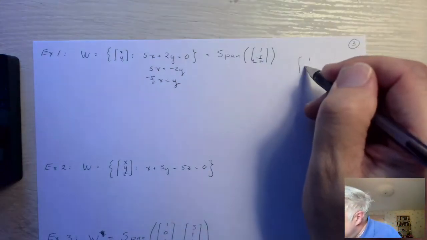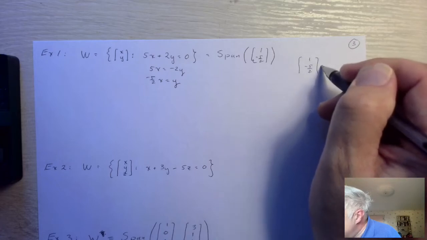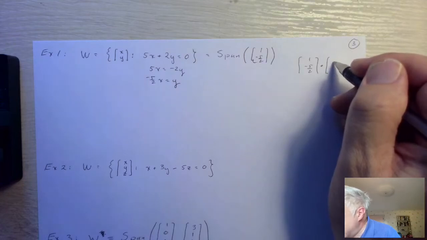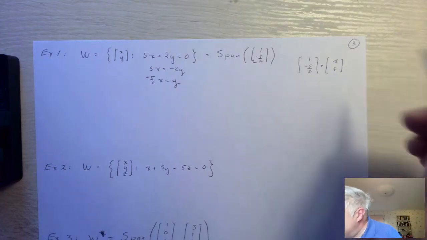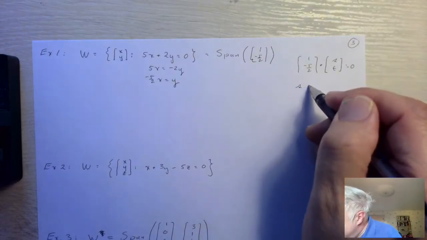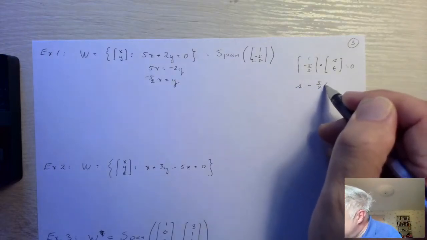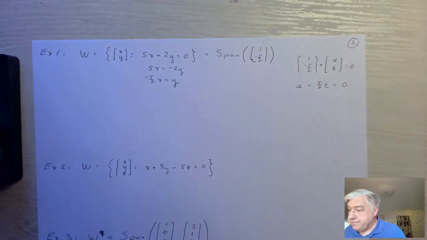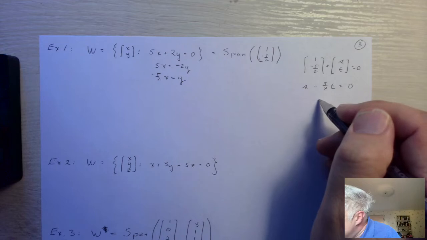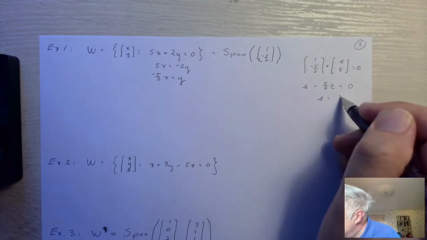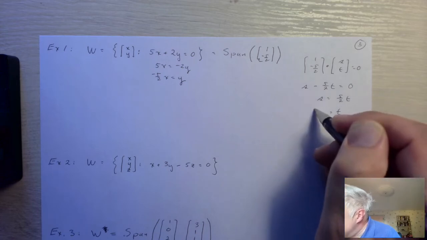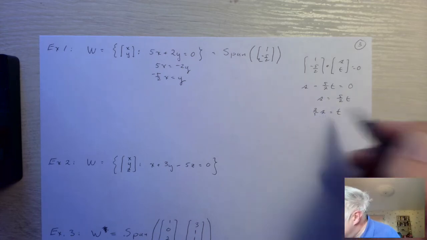Let's use different variables, s, t. The dot product is 0, so s minus 5 halves t is equal to 0. So we can write s equals 5 halves t, or t is equal to 2/5 s.